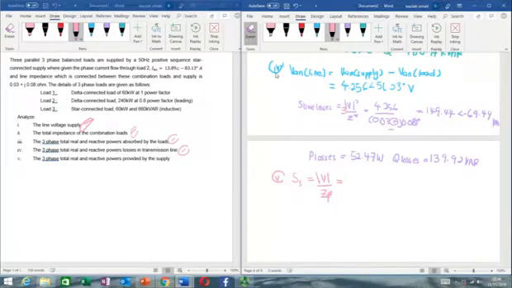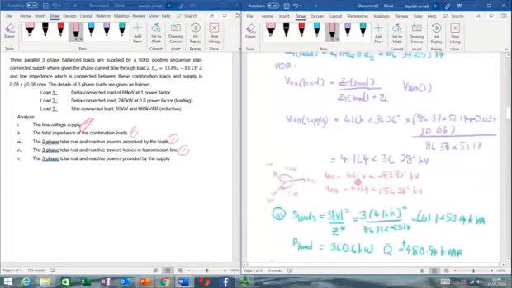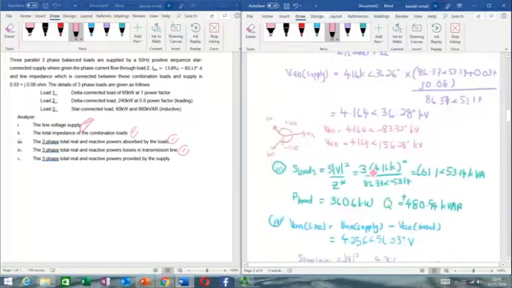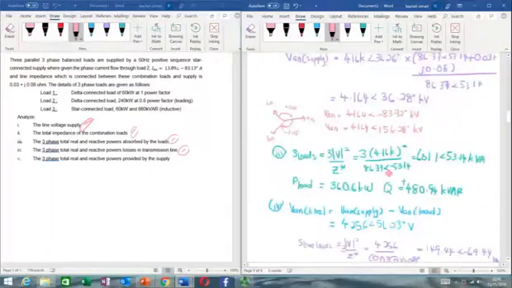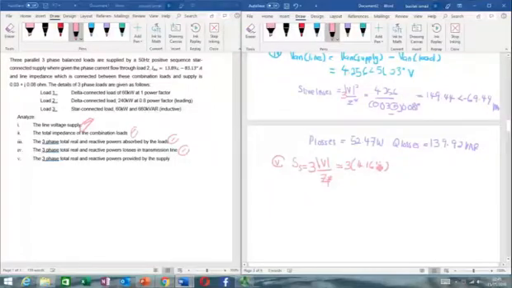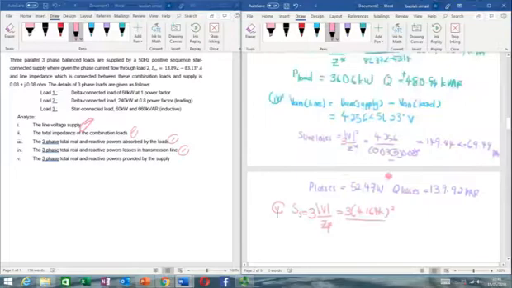So we need to multiply with 3 as well because we are calculating the total, meaning for 3 phase. So 3 multiplied with V, the end supply is 4.164 K, squared, divide by Z total.